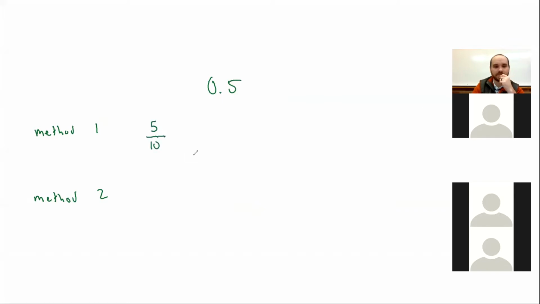Could do 1/2. 5 out of 10, this isn't over 100 yet. So we need to multiply the top and the bottom by 10 in this case. And that'll give us 50 over 100, which means we now have our percent, which is 50%. Method 2, here we'd have 0.5 times 100. 0.5 times 100 is also 50%.